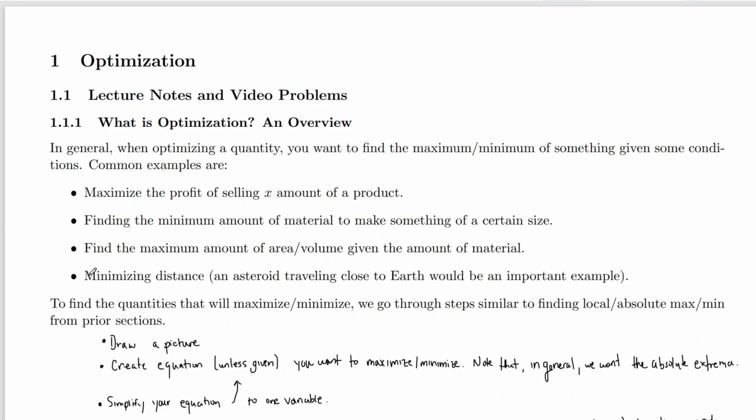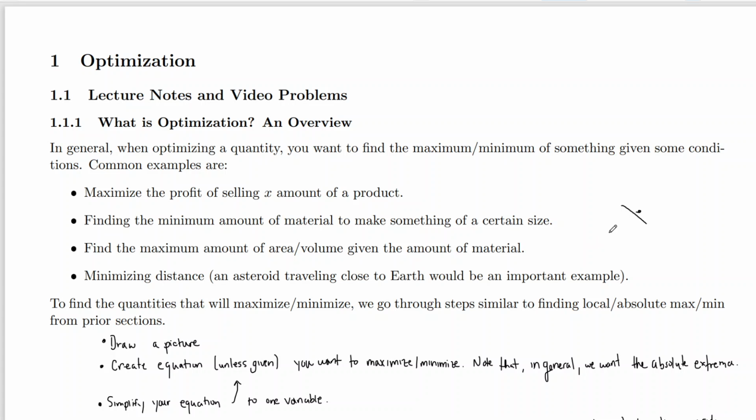Another one that's pretty common and important is minimizing distance. A pretty morbid but important example would be an asteroid traveling close to Earth. When an asteroid gets really close to Earth, it actually passes by in almost a straight line.